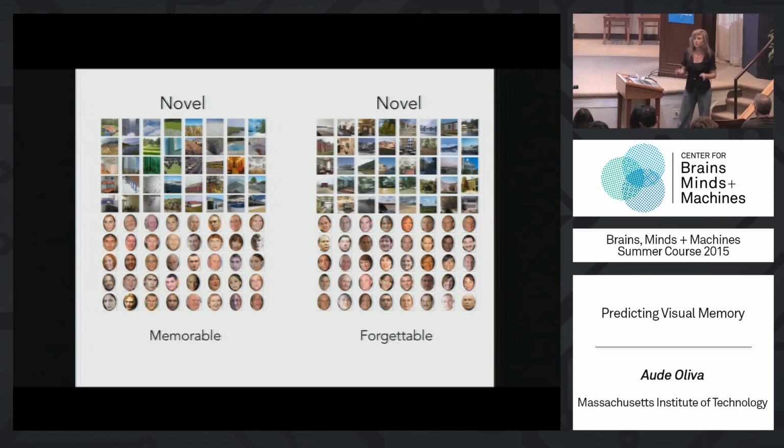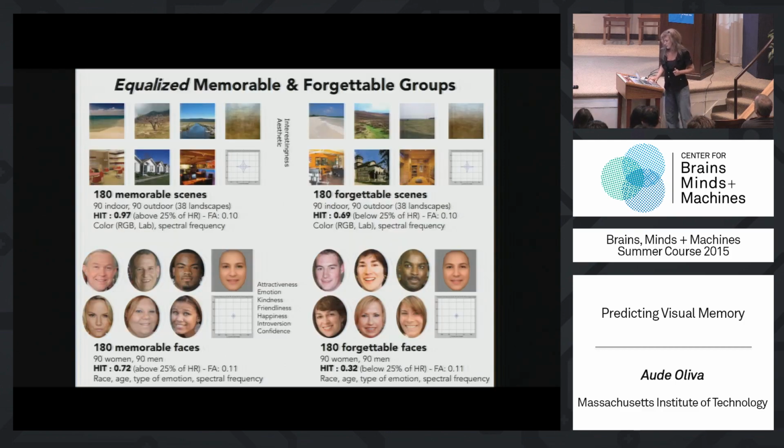So we're going to look at the contrast of novel image minus novel image, scenes minus scenes, faces minus faces, except that some images are highly memorable and some others are highly forgettable. Another factor you have to look at is that it's still possible that within those groups of images and faces that are highly memorable or forgettable, there are a lot of image features that correlate with those.